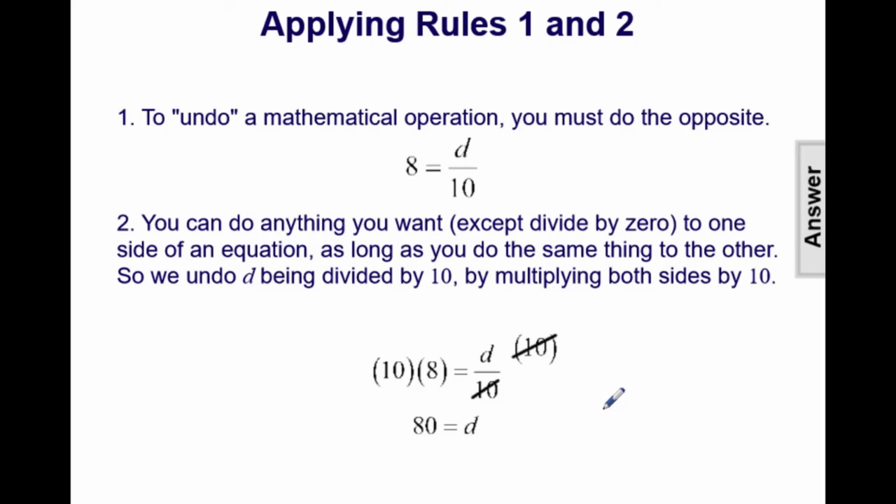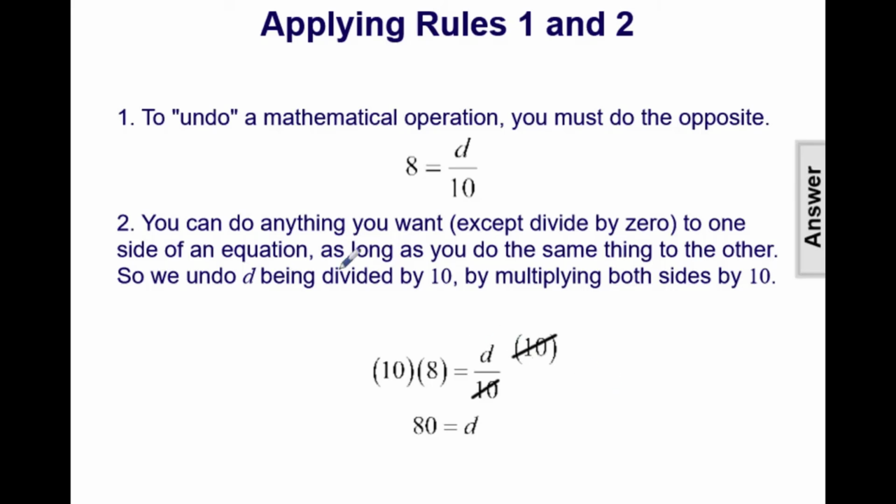So here we have an equation 8 equals D divided by 10, and we're trying to solve for D. So we need to think of the opposite operation of dividing by 10, since we're trying to undo the dividing by 10. Rule number 2 says that you can do anything you want except divide by 0 to one side of an equation as long as you do the same to the other.